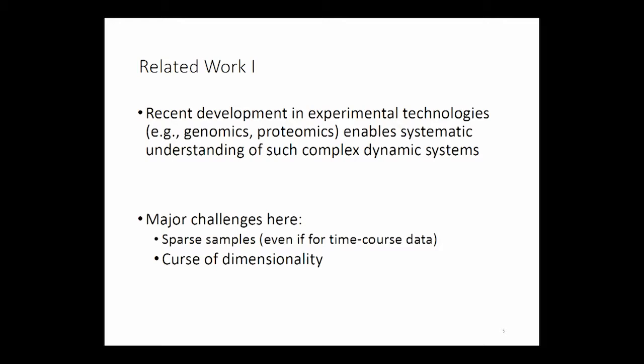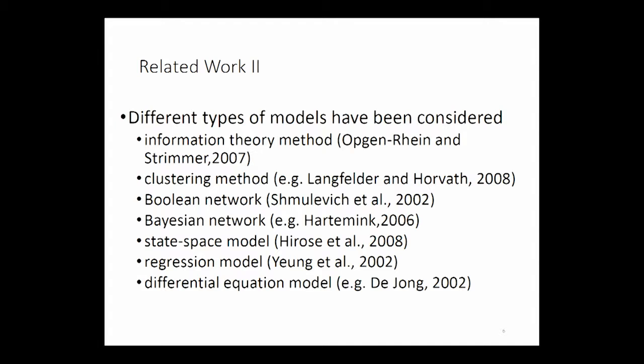There is a lot of related work. Here I just list some of the representative work. For example, people have used information theory, clustering methods, Boolean networks, Bayesian methods, state space models, and regression models.